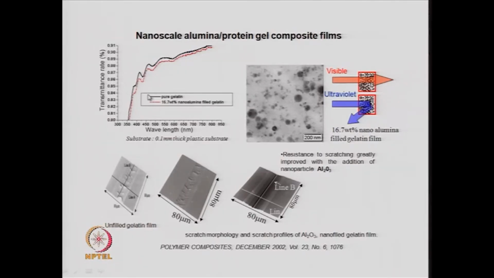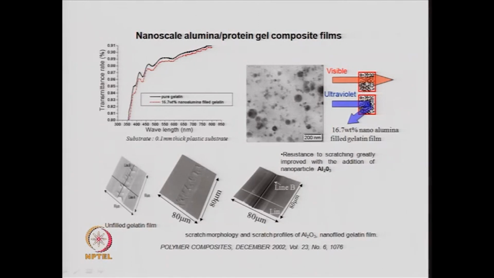As you see here, the black one is pure gelatin, and when you add nano alumina filled gelatin, it is nearly the same. There is hardly any reduction in the transmittance, whereas if you use micron sized films, then you have tremendous loss in transmittance. So, the optical clarity will reduce much more if you use micron sized alumina instead of nano alumina.